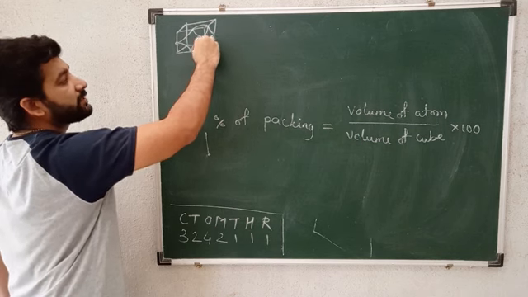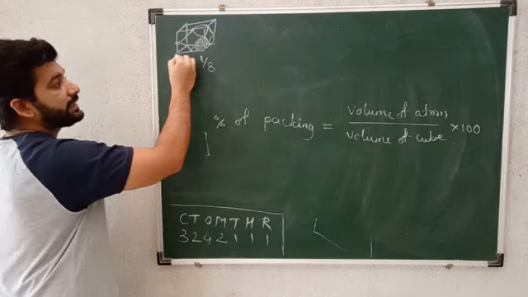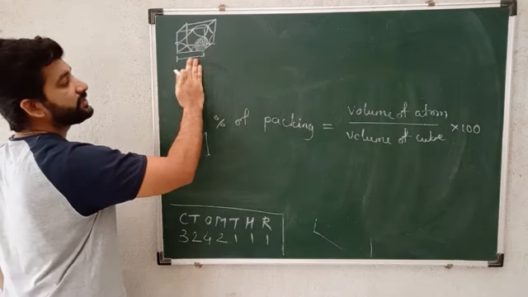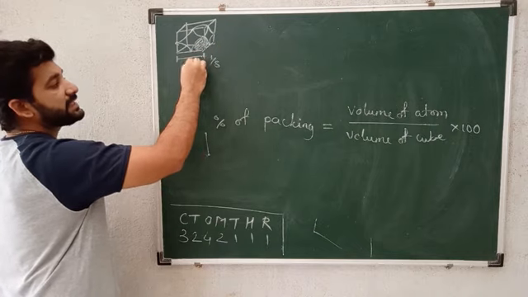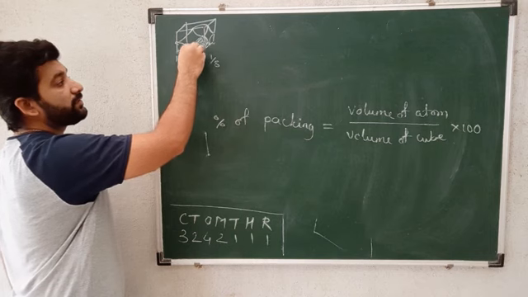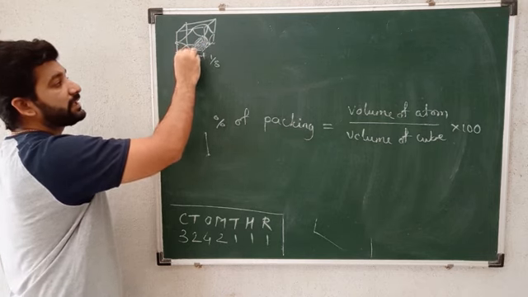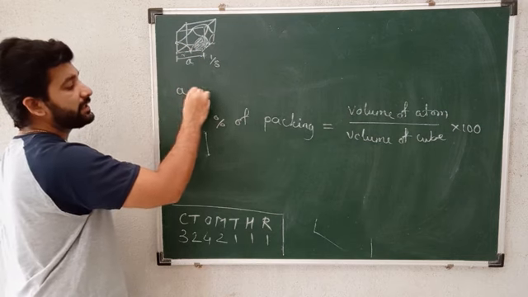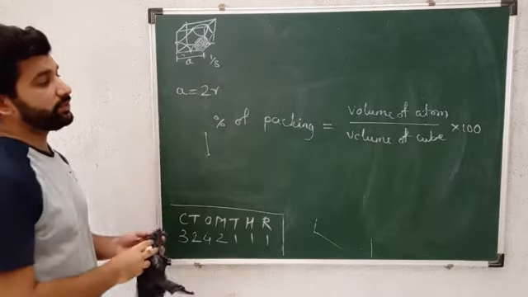This part of atom is 1/8 part of atom, and this is the edge length, which is represented by A, and the radius of the sphere is R. Means A can be written as 2R where these two atoms are combining together.